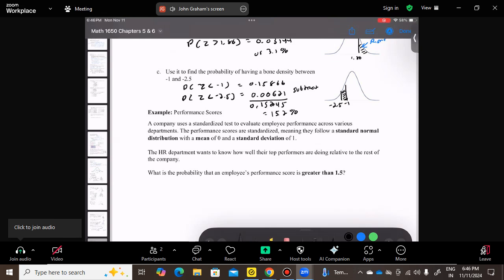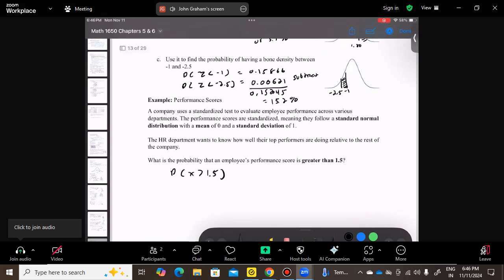What is the probability that an employee's performance score is greater than 1.5? So we are looking at the probability of x greater than 1.5, because this is a standard normal distribution, z equals x. So this is the probability of z greater than 1.5.